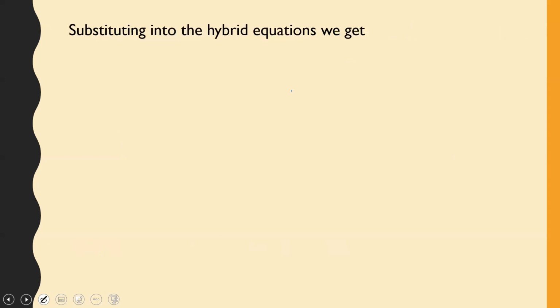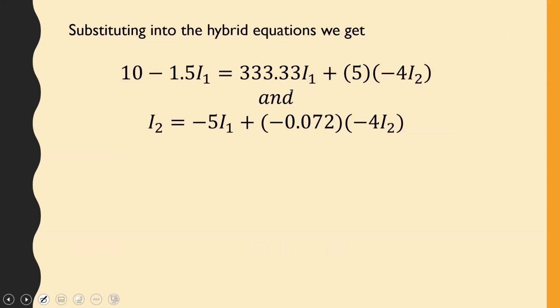So using the hybrid parameters, we have V1, and that's V1, and then we have V2, and that's V2. And so we are left with the two unknowns, which are I1 and I2.